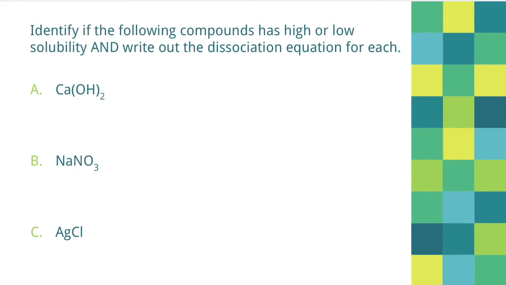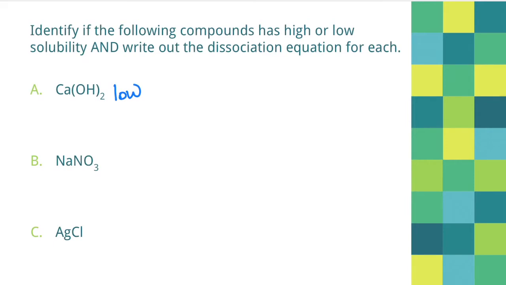Okay, so the first thing we're going to do is take a look at some examples. We are going to identify first whether these compounds have high or low solubility, and then write out the corresponding dissociation equation for each. So let's begin, first with calcium hydroxide. If we look back at our solubility rules, that compound has low solubility.